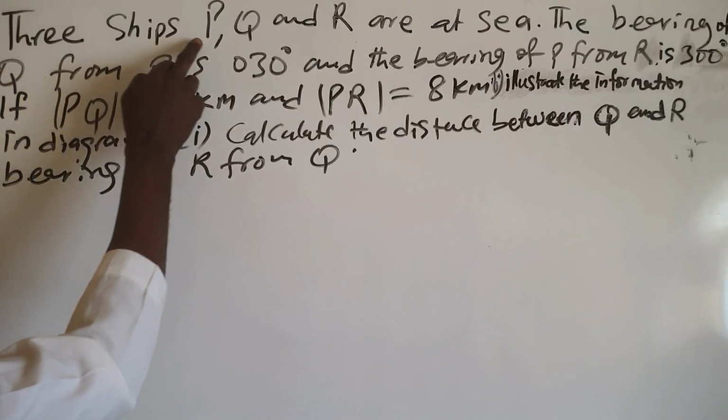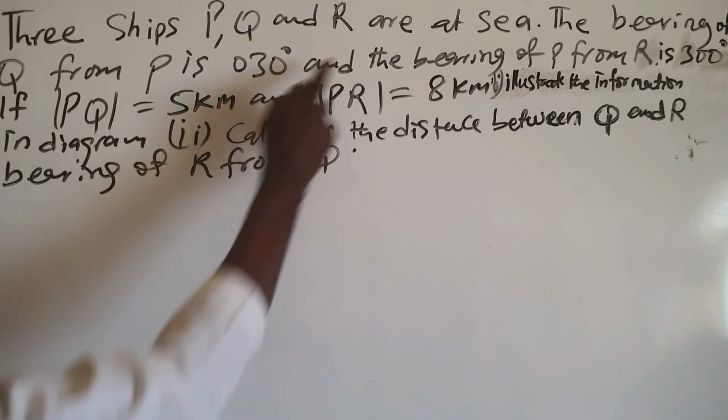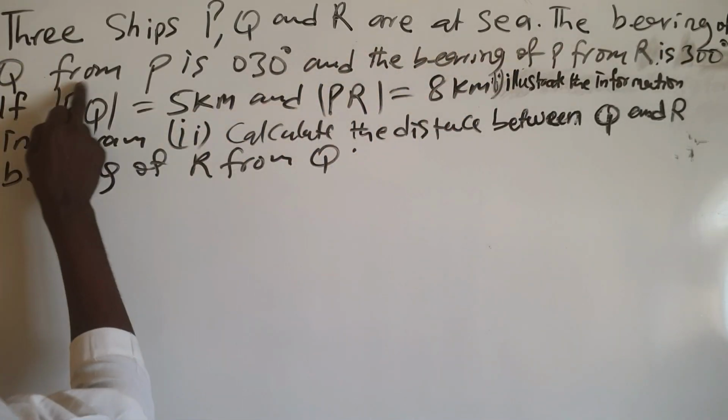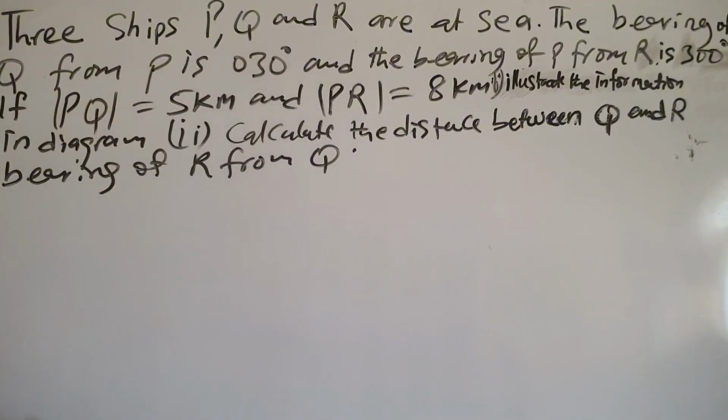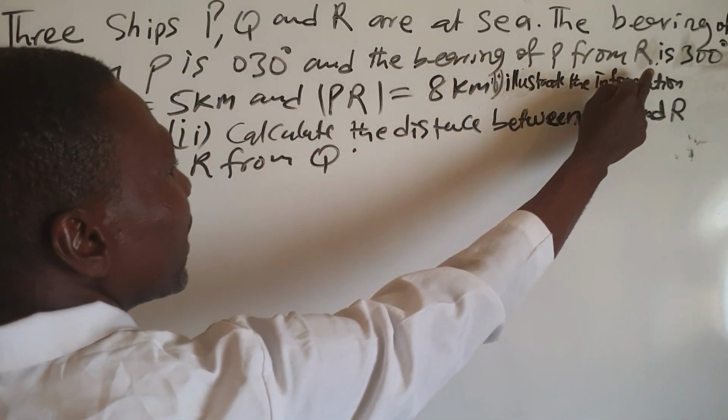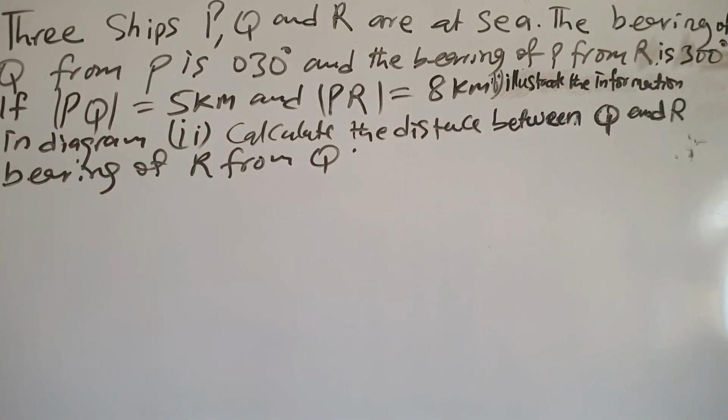Three ships P, Q, and R are at sea. The bearing of Q from P is 030 degrees, and the bearing of P from R is 300 degrees.